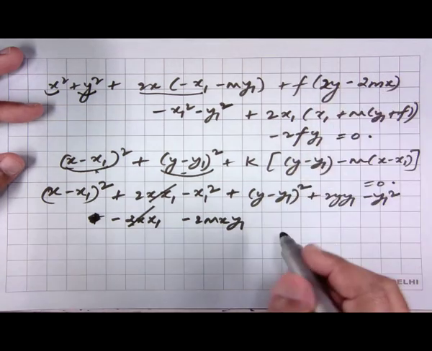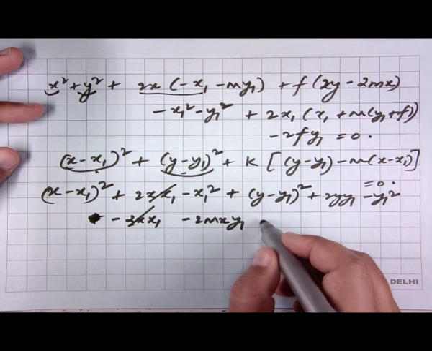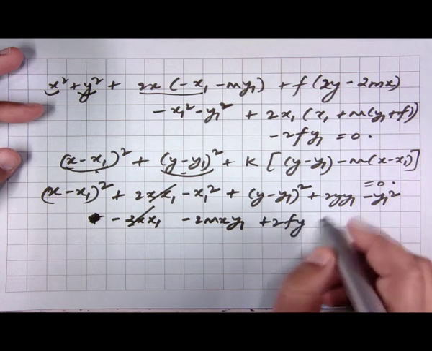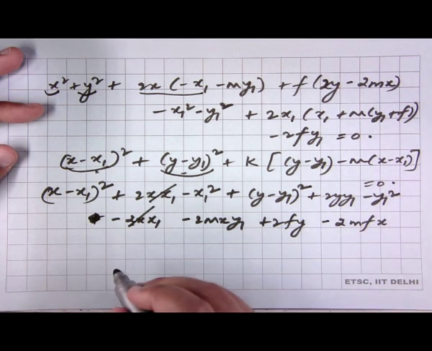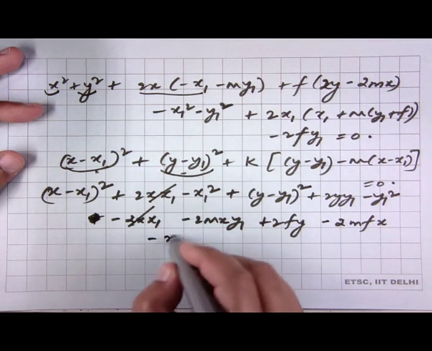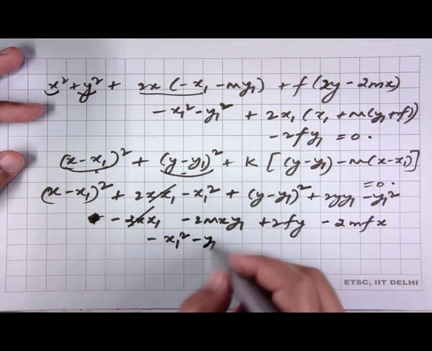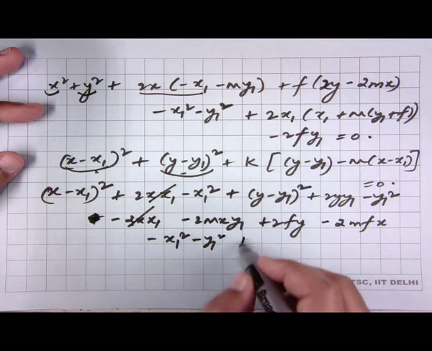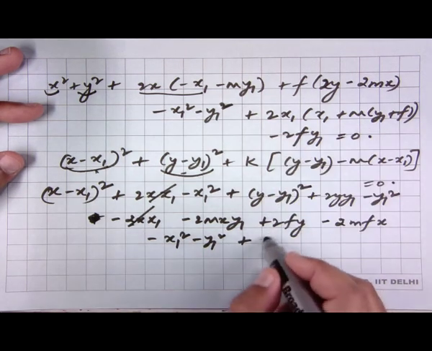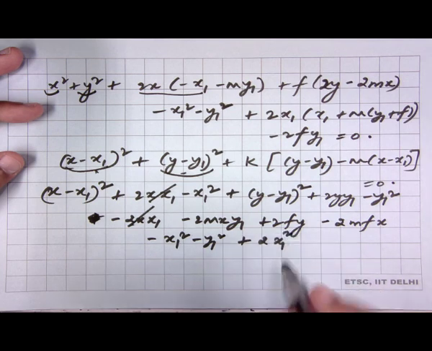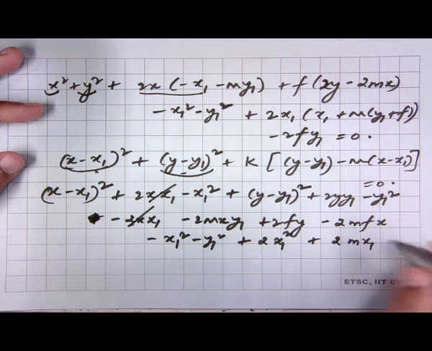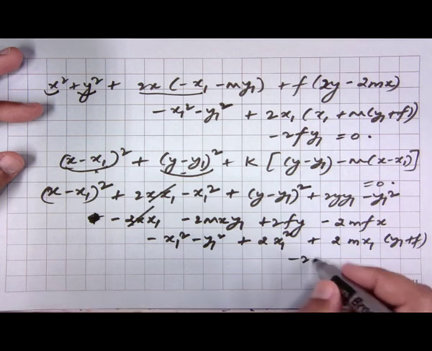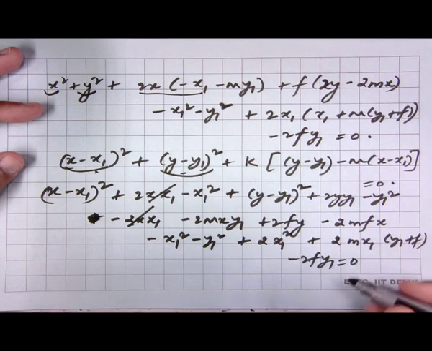Then here we have plus 2fy minus 2 m f x minus x1 square minus y1 square plus here we get 2 x1 square plus 2m x1 into y1 plus f minus 2f y1 equals 0.